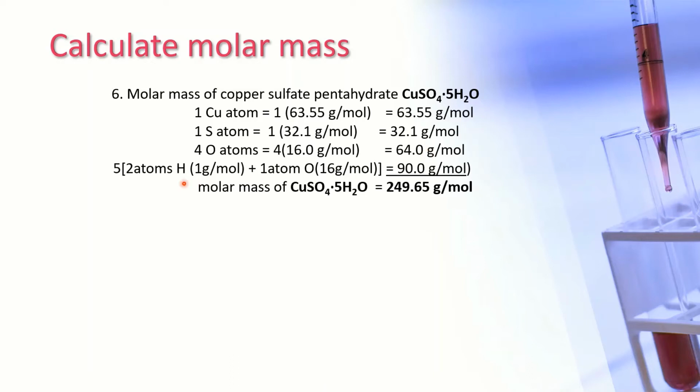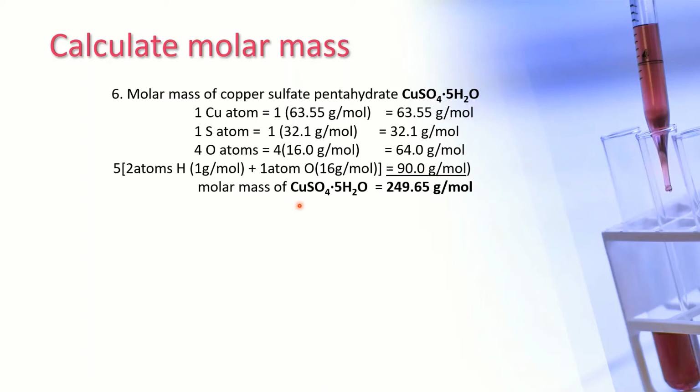With 5 molecules of water, a molecule of water is 2 hydrogen atoms times 1 gram per mole plus 1 oxygen atom at 16 gram per mole. So a molecule of water is 18 grams per mole, times 5, which is 90 grams per mole.